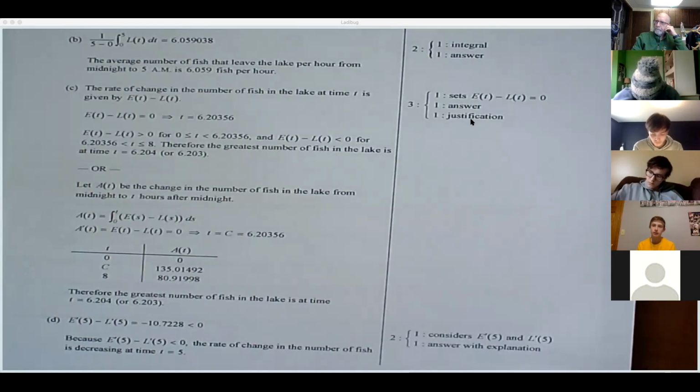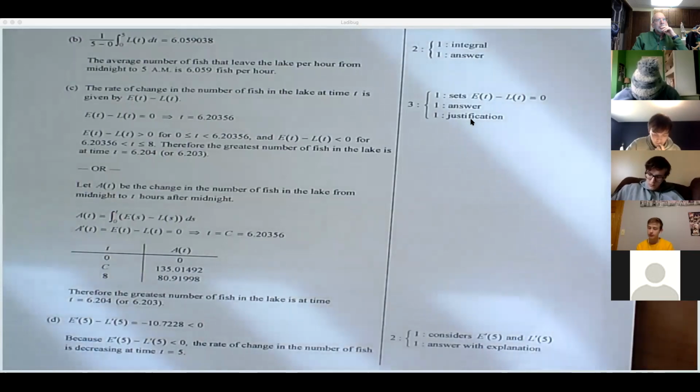I said it's only positive until that point. E of t, or the difference, is positive? The difference is only positive. I would have felt better if you had said, and it's negative afterwards. Right, yeah.